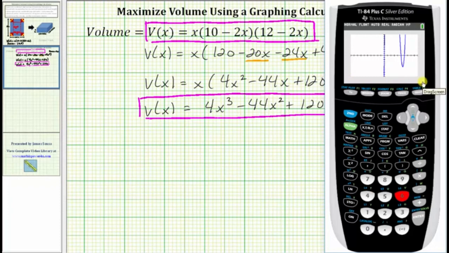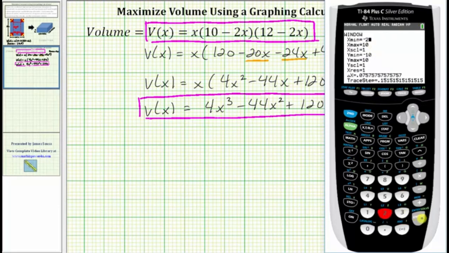Remember, the domain is the open interval from 0 to 5, so we are really only concerned about the graph over this interval here. Looking at the graph, we need to adjust the horizontal axis as well as the vertical axis. We need to see higher on the graph, which means we'll need to increase the y maximum. Let's press the window key. Let's change the x min to -2, enter.